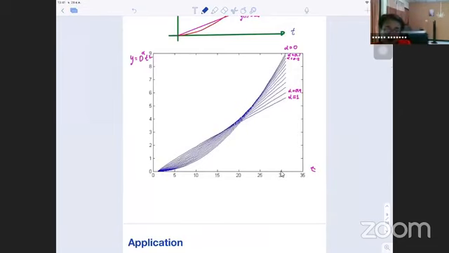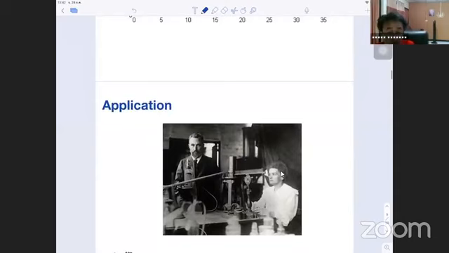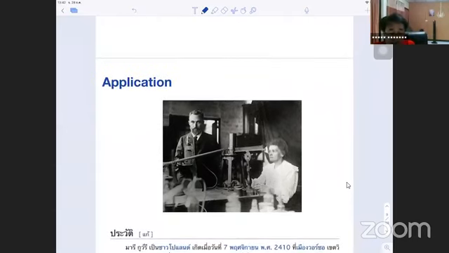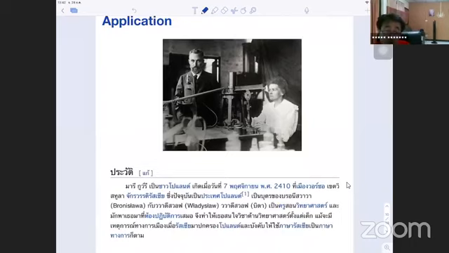Why we study differential equation, why we construct the differential operator, why. I would like to give some application to talk about the story of Marie Curie. Marie Curie is a woman. She got 2 Nobel Prizes.